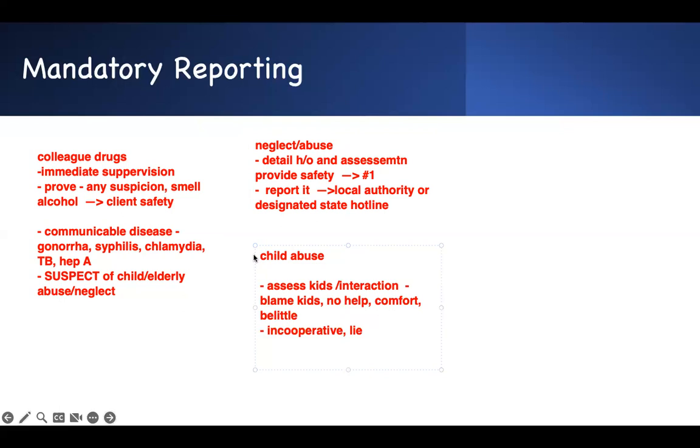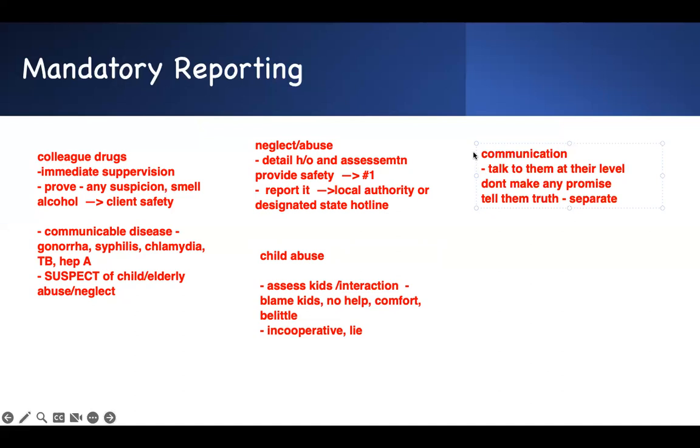And then you try to get enough information from the kid. When you're talking to the kid, communication is the thing. Talk to them at their level. Don't make any promises. Tell them the truth that they may be separated from family. Don't lie to them.